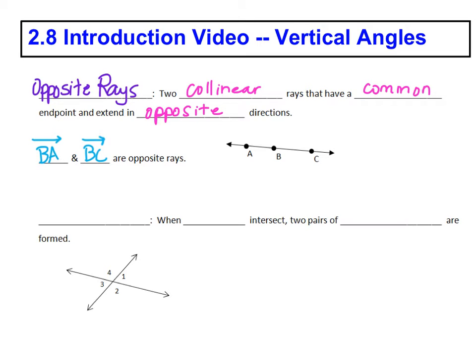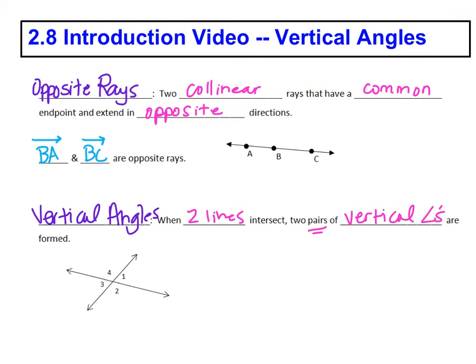Alright, our next vocab term is vertical angles. So, vertical angles, when two lines intersect, two pairs of vertical angles are formed.